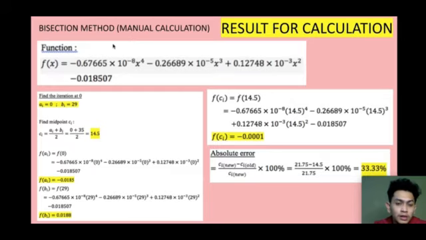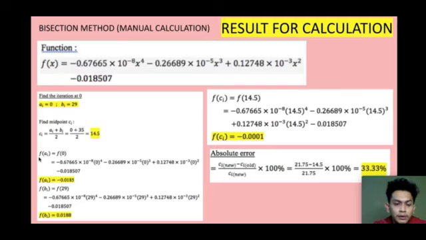This is the manual calculation for the bisection method. The function is given like this, and we have to find the iteration. At iteration 0, AI is equal to 0 and BI is 29. To find the midpoint, we just add these two values and divide by 2, and we get 14.5.